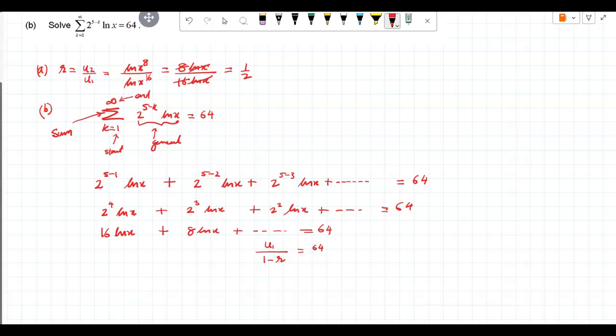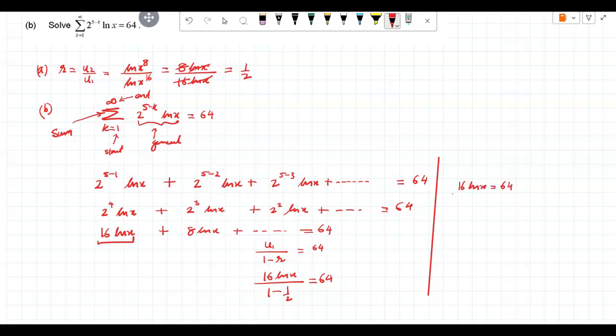What's my u1, my first term? 16 ln x, and 1 minus half. So now what is your 1 minus half? Half. So 16 ln x divided by half is equal to 64. So that's 32 ln x is equal to 64. So ln x is equal to 2. So x is equal to e raised to 2. Yeah? You're converting your log form to index form. So x is equal to e squared basically.